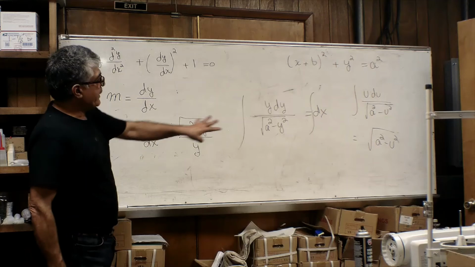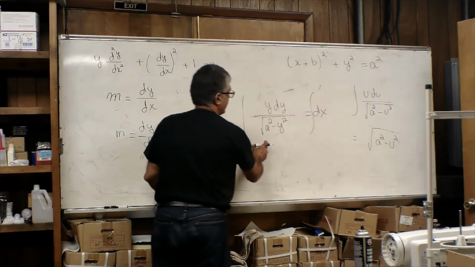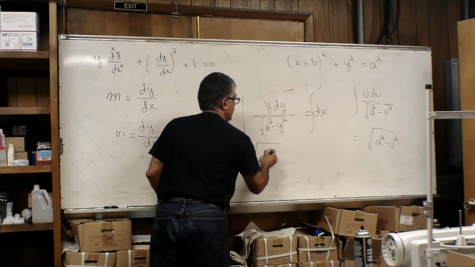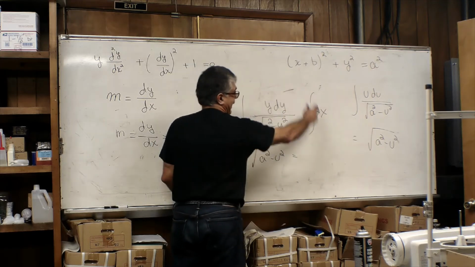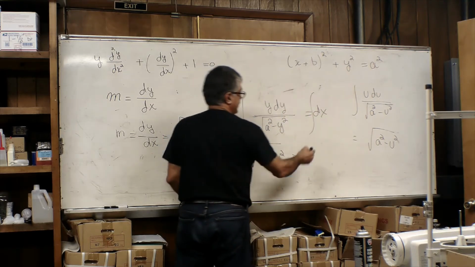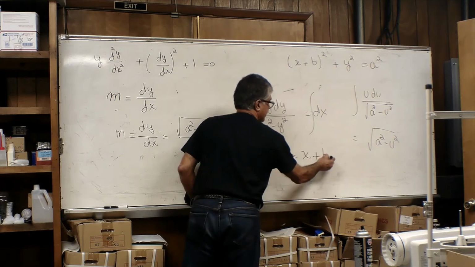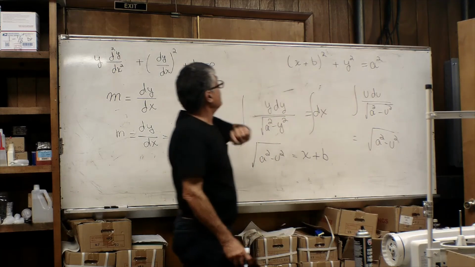So using that formula, we can write the square root of a square minus u square is equal to the integral of dx. We can write it as x plus a constant. Let's say that constant is b.